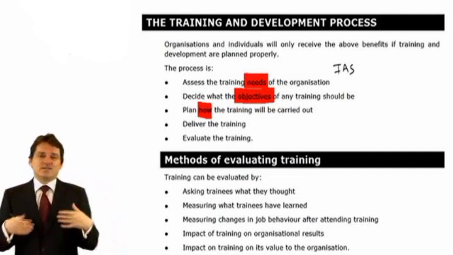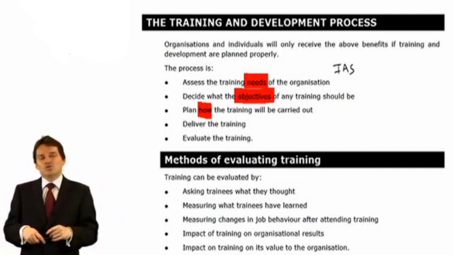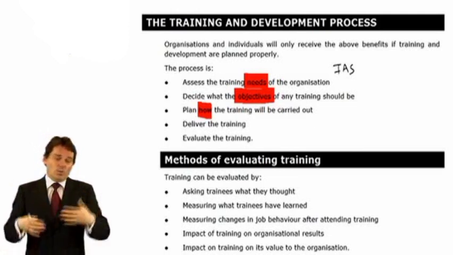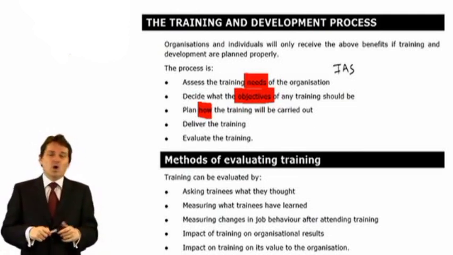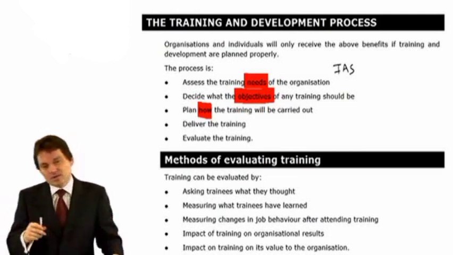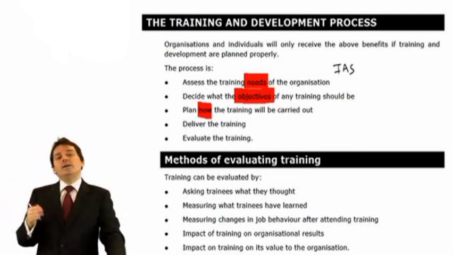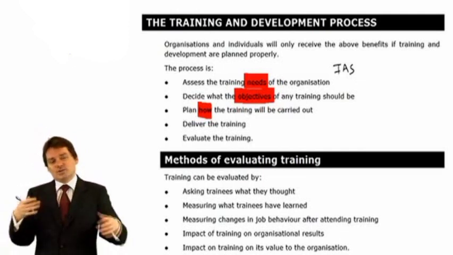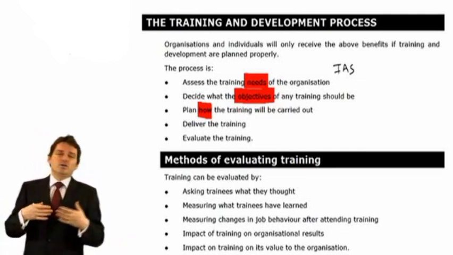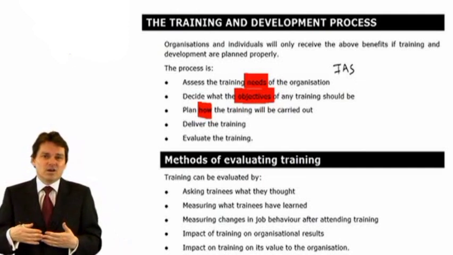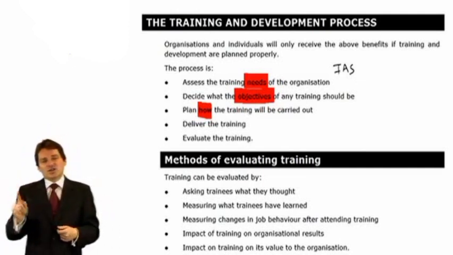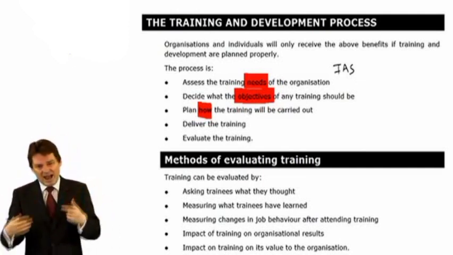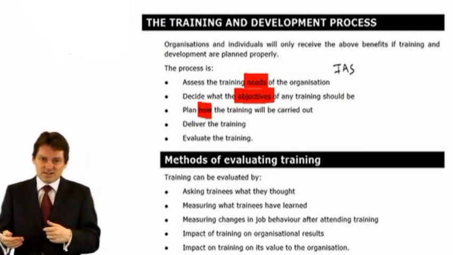In other words, sitting down at their desk, doing their normal job, and we do the training while they're carrying on with their normal work. How exactly are we going to do this? Are we going to talk to them? Are we going to give them a manual, so something written? Are we going to do both of those together? Are we going to do it individually? Are we going to put it in groups? How are we going to do these things?